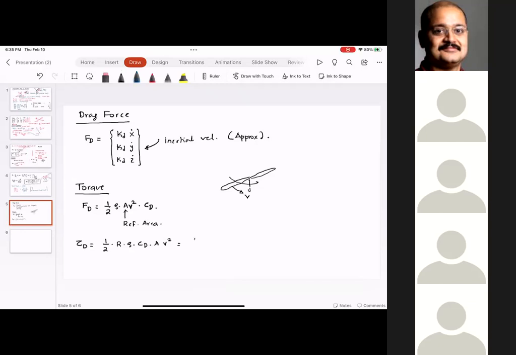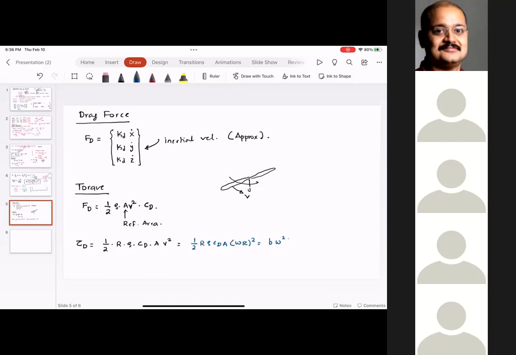So finally your equation becomes r rho Cd A omega r square, that can be simply written as b times omega square, because r is constant, rho is constant, Cd is constant, and A is constant. So the drag torque, tau d, is equal to b multiplied by omega square.